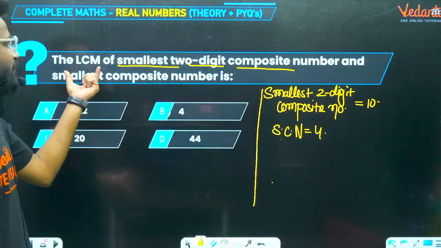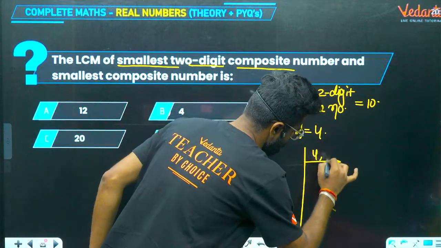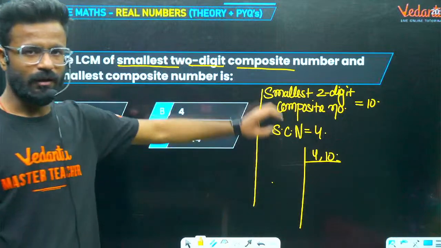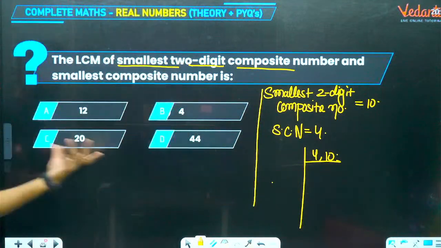Now you simply have to find the LCM of these two numbers and you can get the answer.